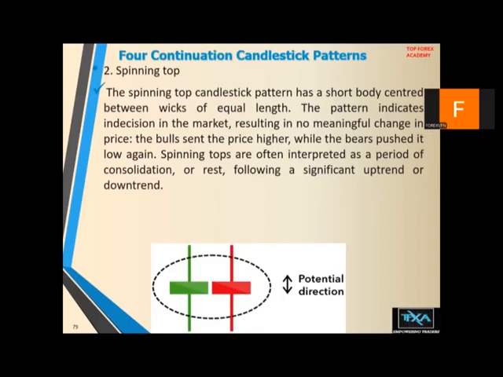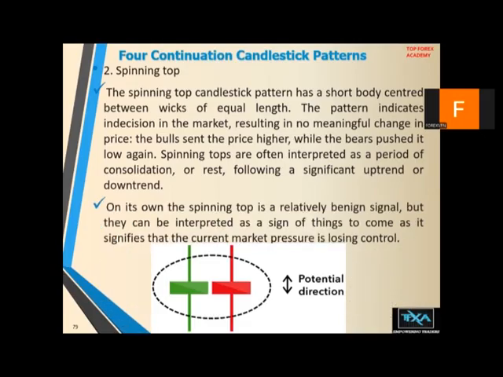Spinning tops are often interpreted as a period of consolidation or rest following a significant uptrend or downtrend. On its own, the spinning top is a relatively benign signal, but it can be interpreted as a sign of things to come, as it signifies the current market pressure is losing control.